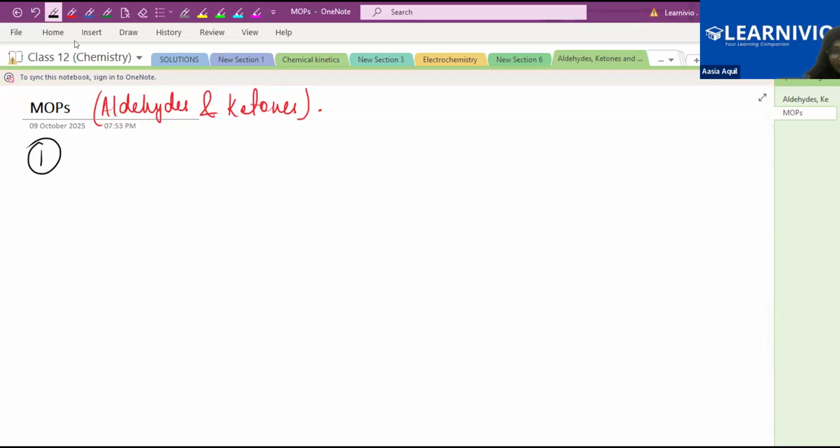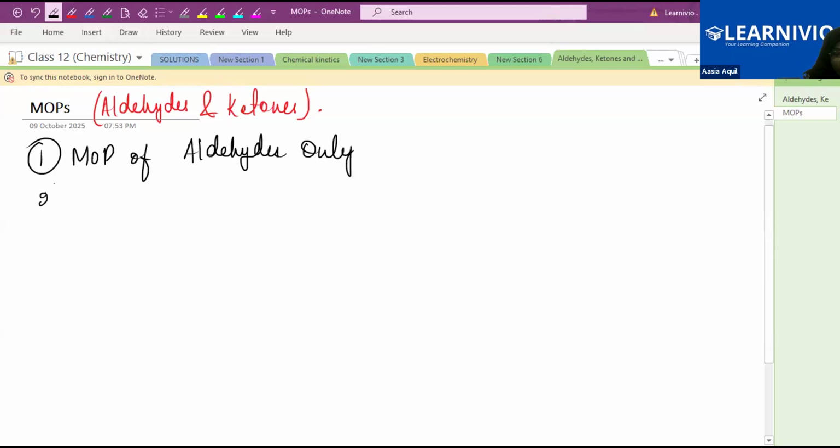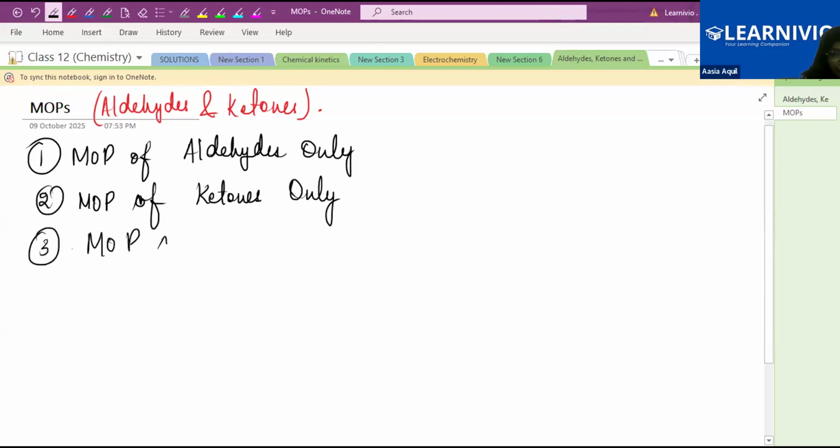Okay, so methods of preparation. First one is the method of preparation of aldehydes only. Second, the method of preparation of ketones only. And third one for both, method of preparation of both aldehydes and ketones.